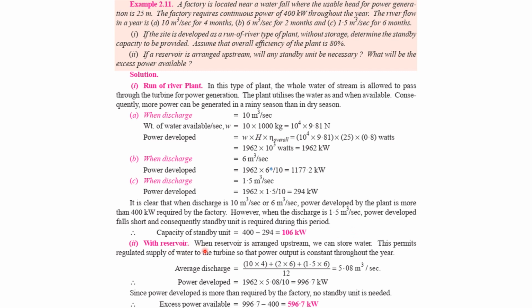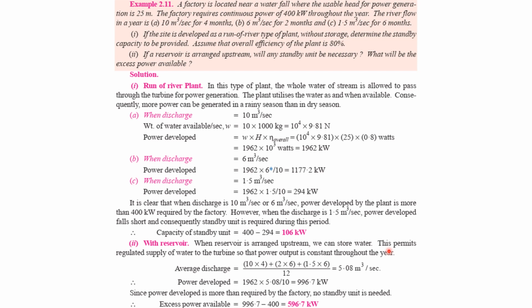So with reservoir, when a reservoir is arranged upstream, we can store water. This permits regulated supply of water to turbines so that power output is constant throughout the year. So what happens now is that the average discharge is available throughout the year.